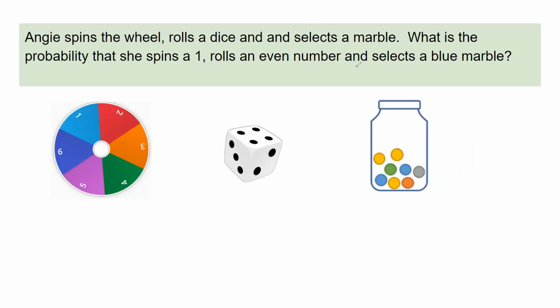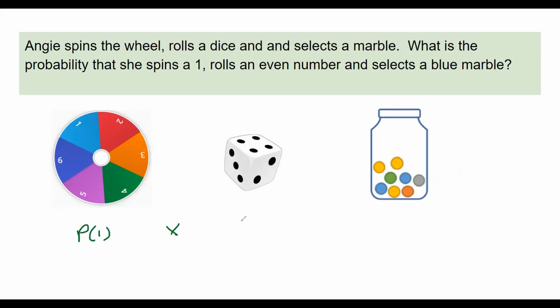There's 3 things happening here. So we should be thinking in terms of multiplying 3 probabilities together: the probability of a 1, the probability that that is an even number, and the probability that this is blue. So let's find each one of those and then multiply.